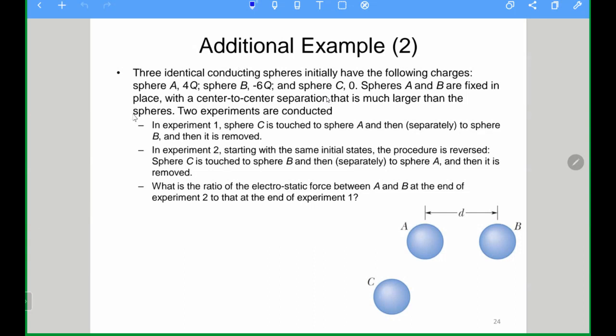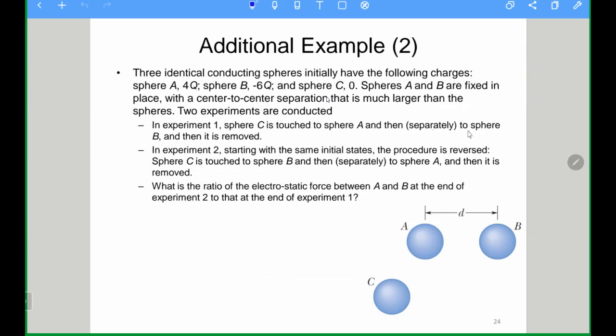So we have 3 identical conducting spheres initially having charges. Sphere A, 4Q, sphere B, minus 6Q, sphere C, 0. And then spheres A and B are fixed in place with a center-to-center separation that is much larger than the sphere size. So we do 2 experiments. In experiment 1, sphere C touches A first, and then they separate.